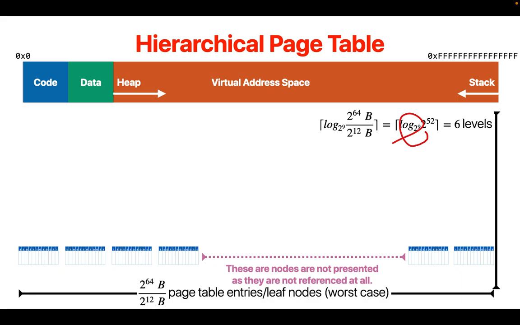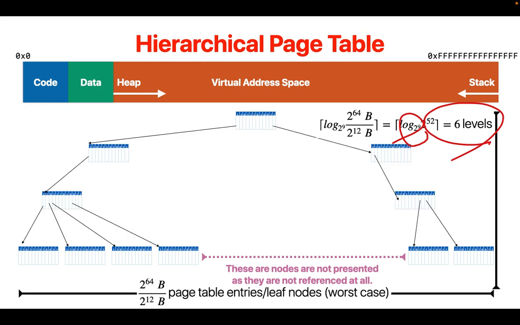So if it's a B tree, it needs this many levels in total to address everything. So for a hierarchical page table, you will create a B tree with this many levels to index your virtual addresses and find a translation at the end.